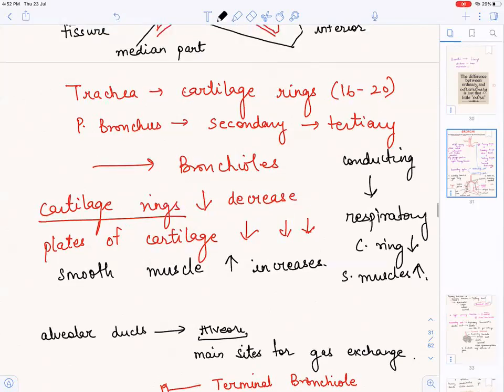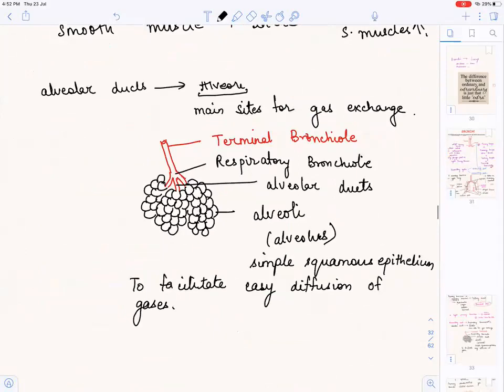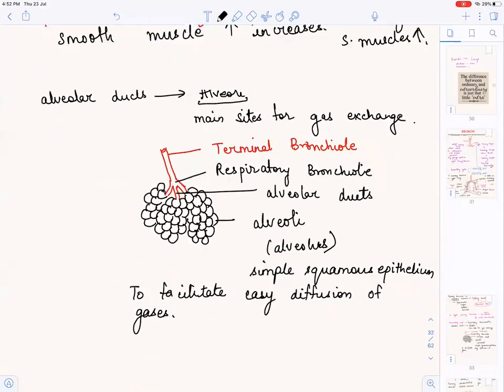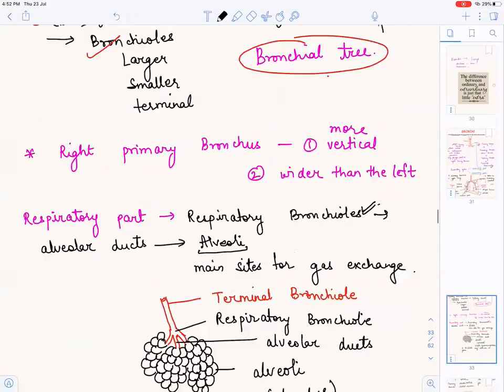We have done the cardiac notch and everything. Now the respiratory part: the terminal bronchiole has rings but more of smooth muscles. Then the respiratory bronchioles, alveolar ducts, and alveoli. We did all this.